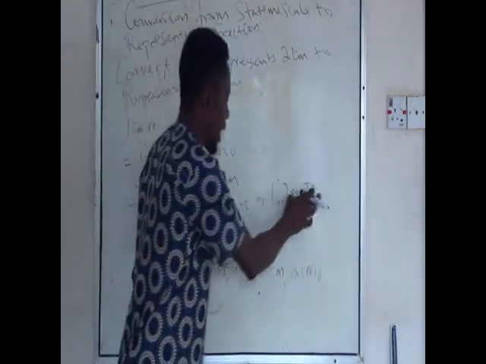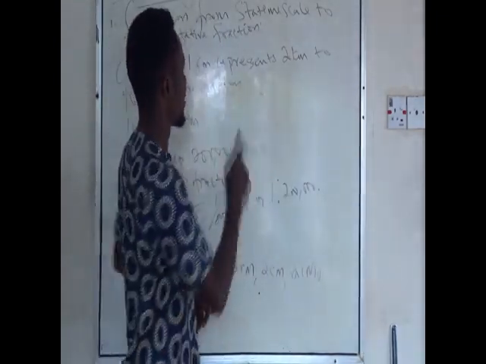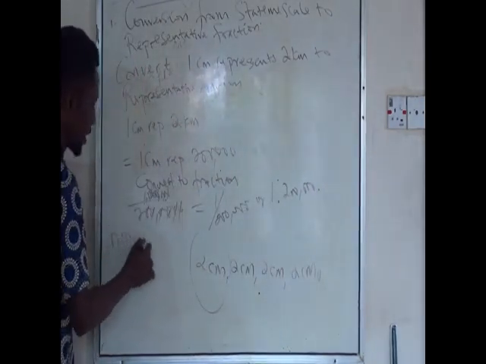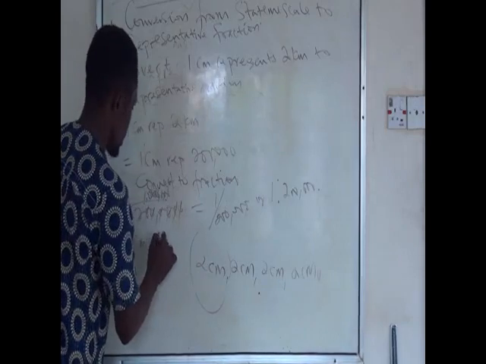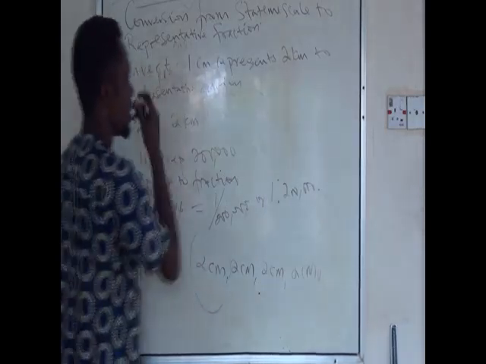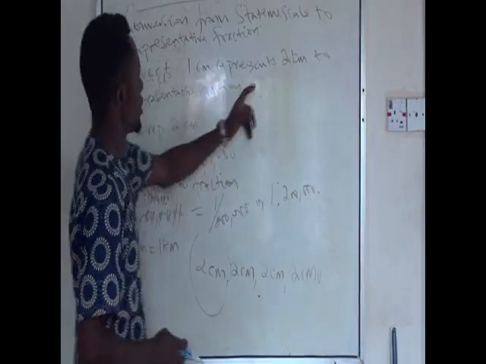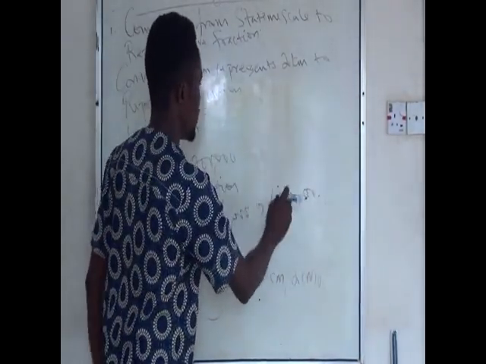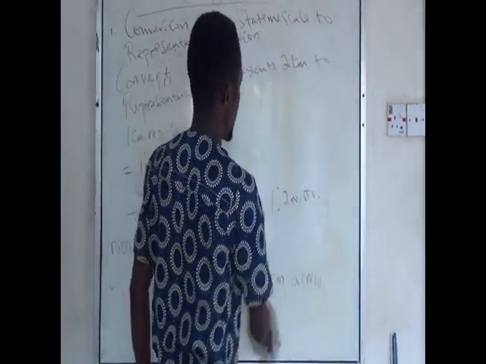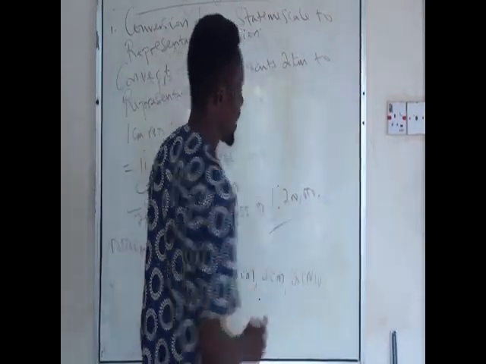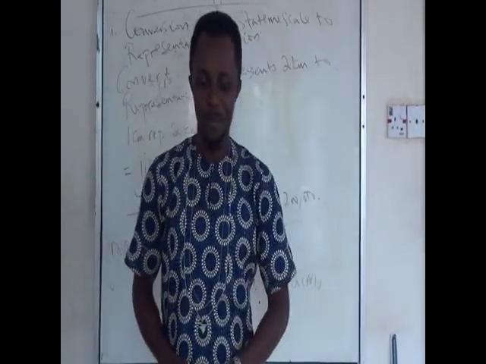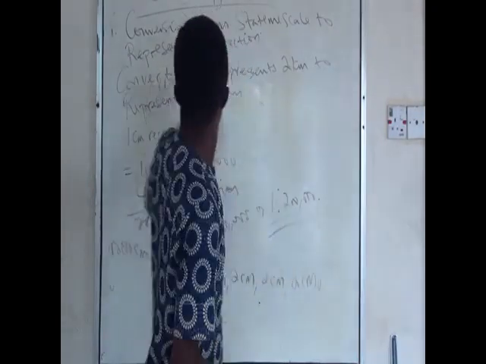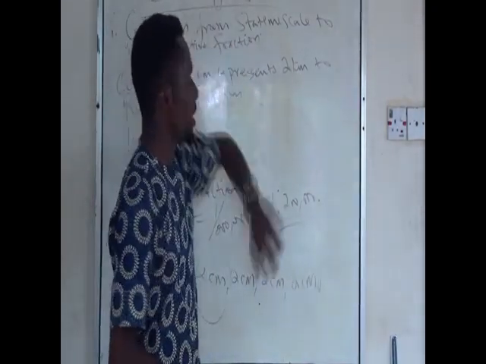Remember why we have 200,000: simply because 100,000 cm gives us 1 kilometer. So the representative fraction of 1 cm represents 2 kilometers is 1 ratio 200,000.